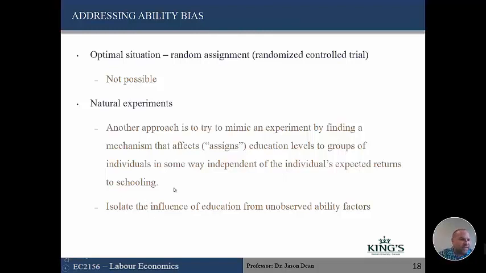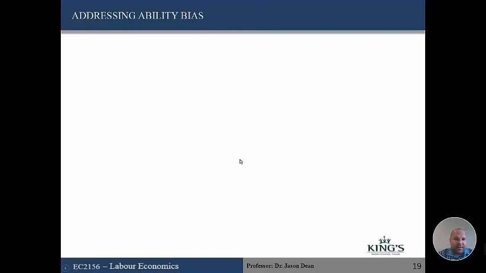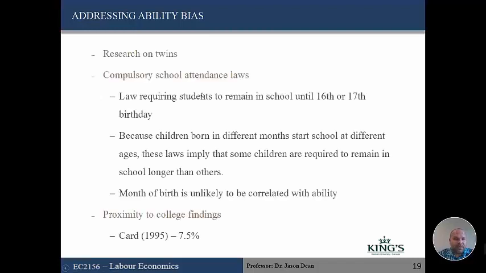That way we could isolate the influence of education from unobserved ability factors. Some studies have looked at twins. You'll have some variation in the schooling level of twins, but since they have the same DNA, the same genetics, we can assume maybe that they would have the same innate ability, and so we can use them to look at the difference. Some studies have done that.